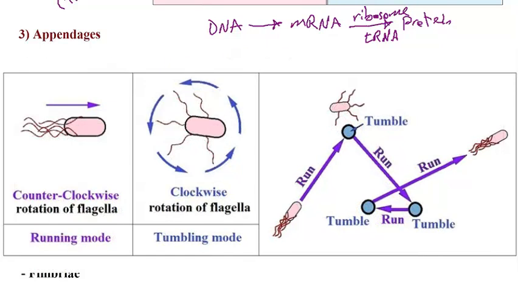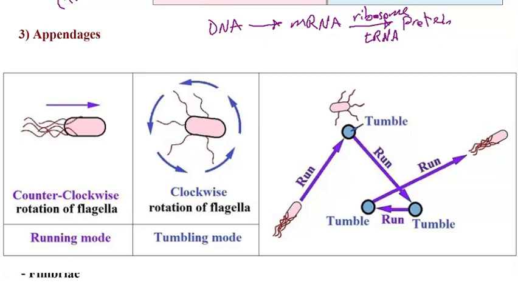There are two methods of regulating the movement of the bacteria, and that is whether these flagella are being rotated counterclockwise or clockwise. So in bacteria, we only have rotatory movement, versus in eukaryotes, like in the sperm, we had bending movement.